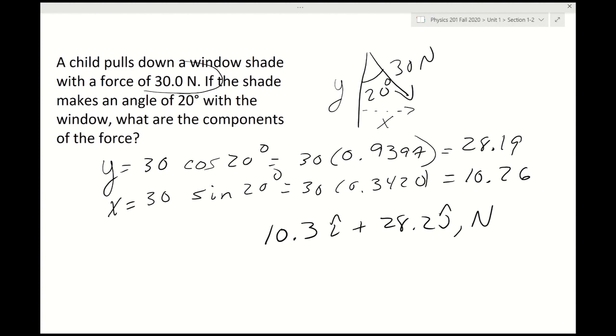A quick check is simply to use the Pythagorean theorem. 10.3 squared plus 28.2 squared equals, and then you take the square root of that, and you get 30.02, which with rounding is the same answer we started with.